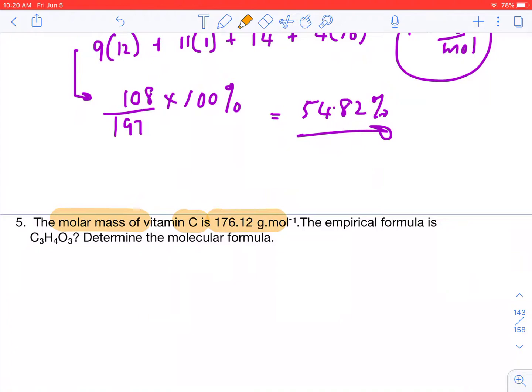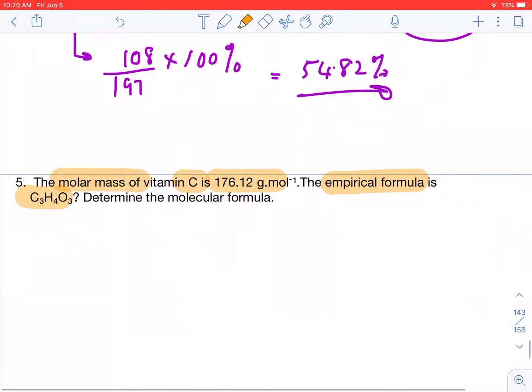But the empirical formula is this. Remember we said the empirical formula is a formula that we get via experiment, and that gives you the lowest whole number ratio. Sometimes the empirical formula can be the molecular formula, but sometimes the molecular formula is a multiple of the empirical formula.